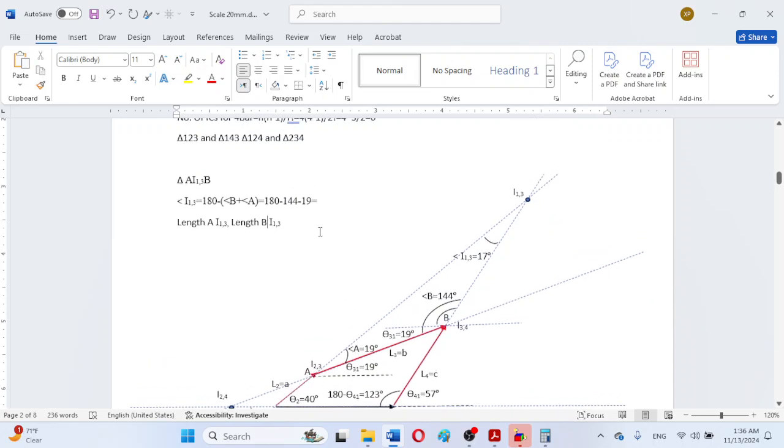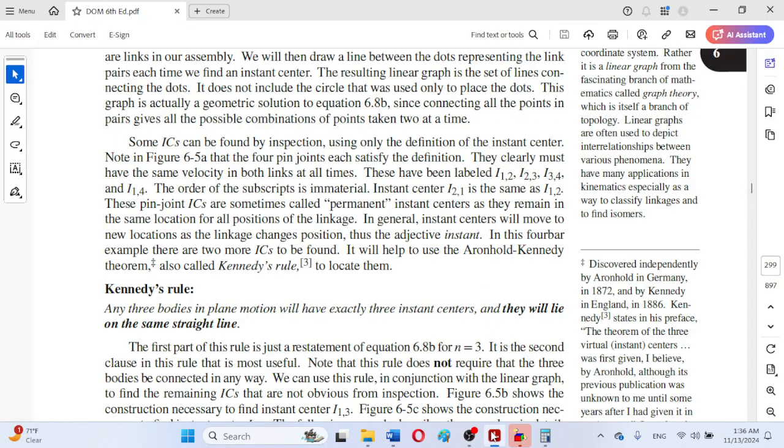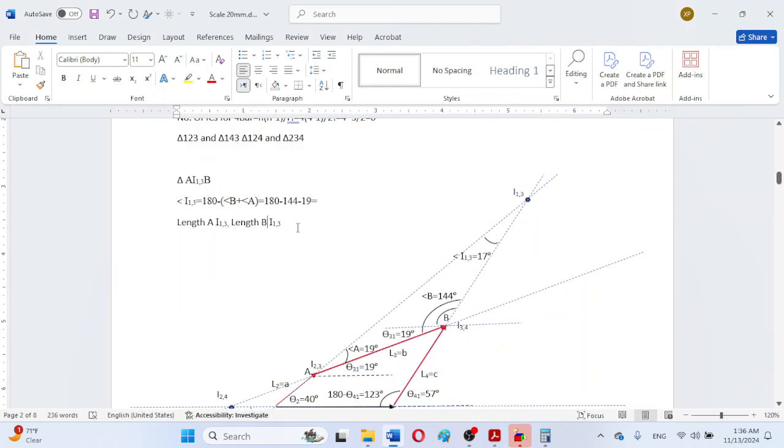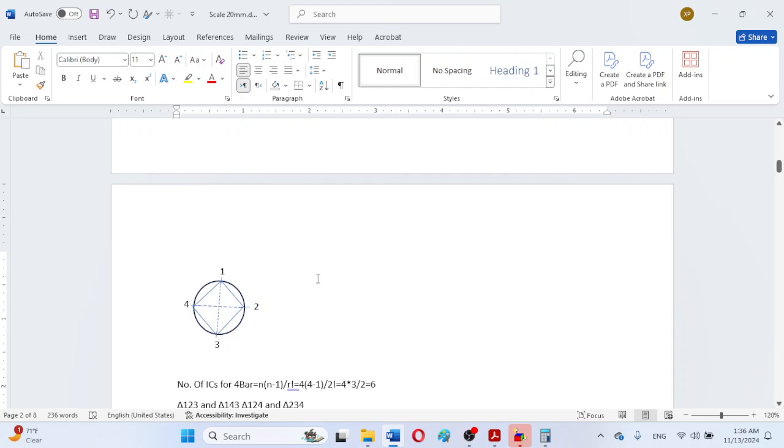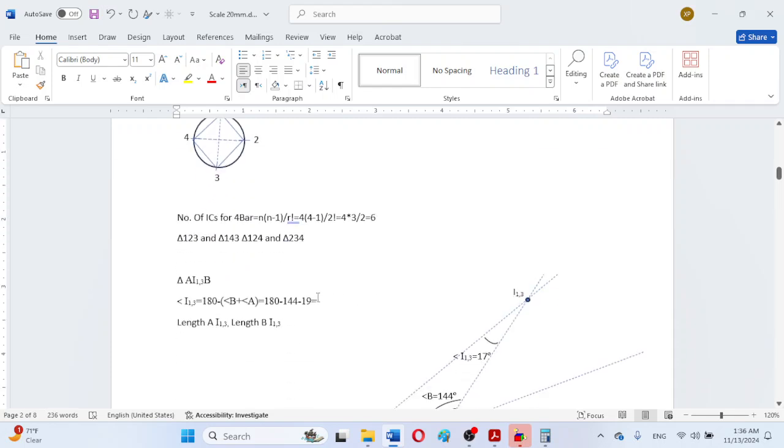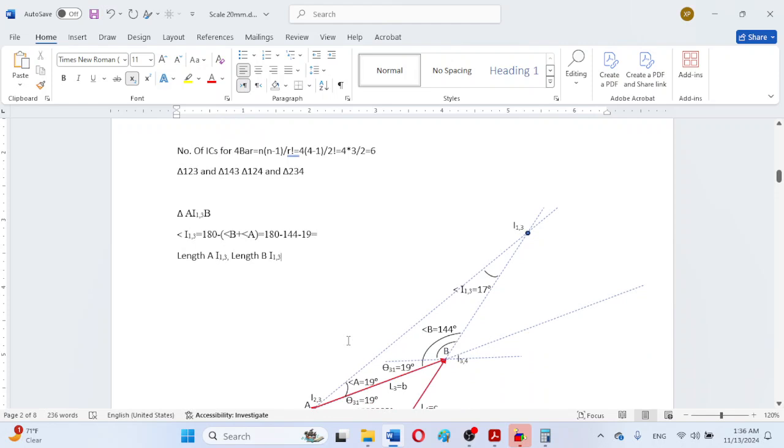Its length is given in the problem statement, which is equal to 120 millimeter. So the lengths of these lines will be calculated using the law of sines trigonometrically.